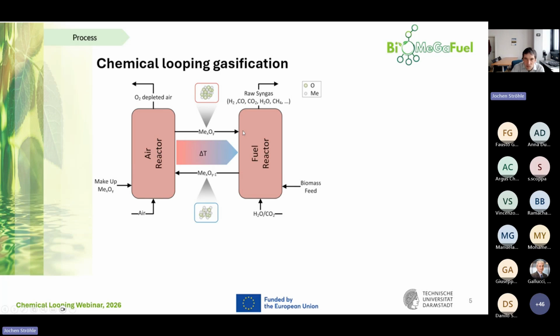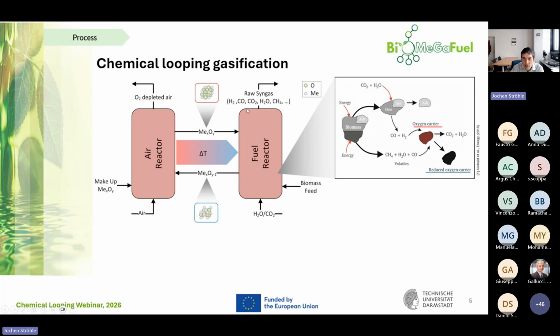And looking a bit more into the detail of the fuel reactor, we are putting in biomass as a feed, and this biomass is heated up and de-volatilized, producing volatiles like methane and other hydrocarbons, also water vapor, carbon monoxide, and also hydrogen.